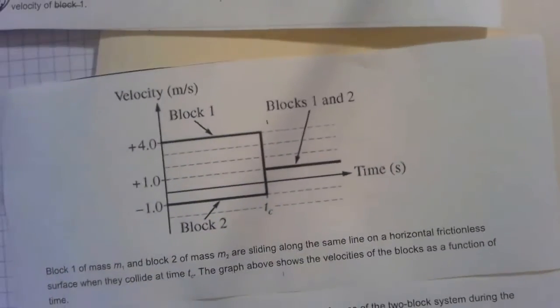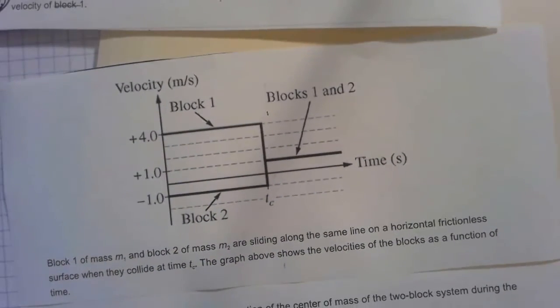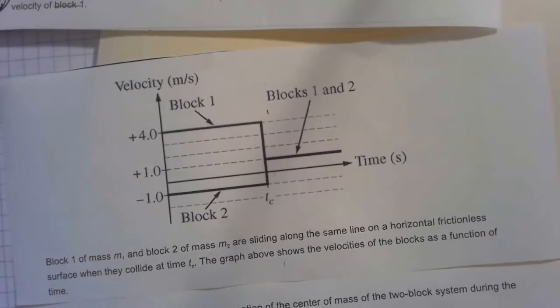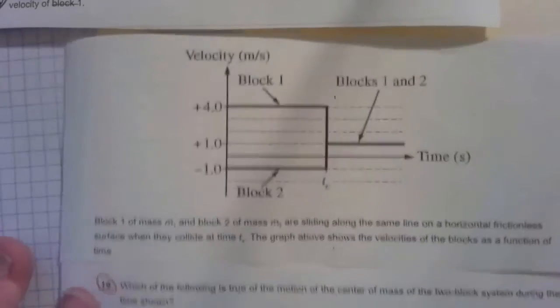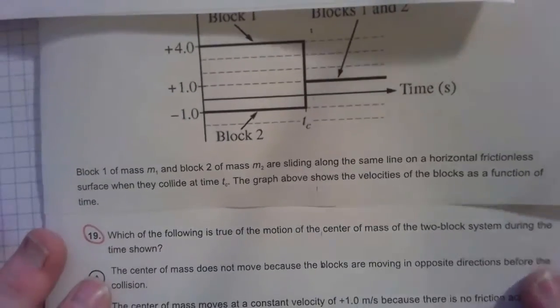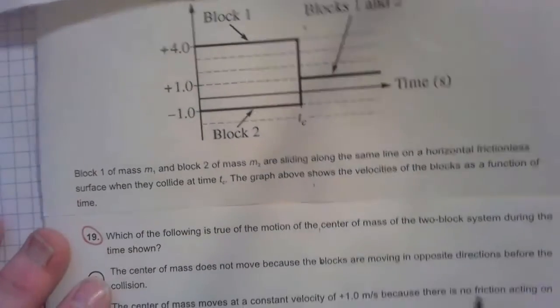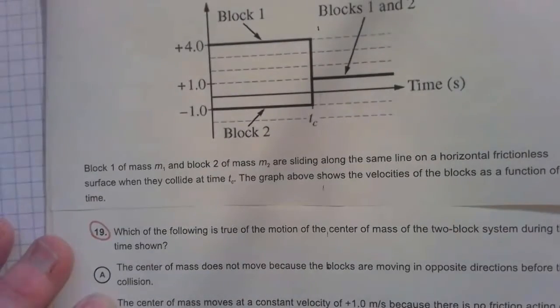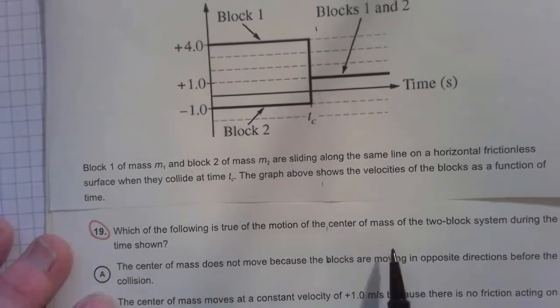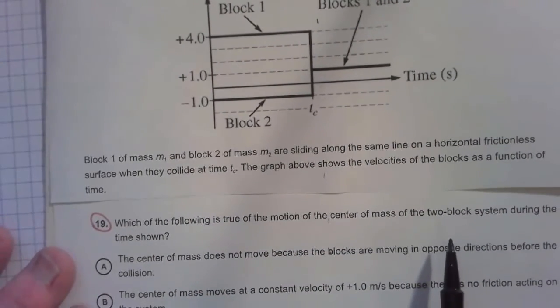Third part of this thing. Which of the following is true of the motion of the center of mass of the 2-block system during the time shown? Oh, come on now. You know this. If all the forces are internal, if the 2 blocks are just hitting each other, nothing else external is acting, then the motion of the center of mass will remain unchanged.